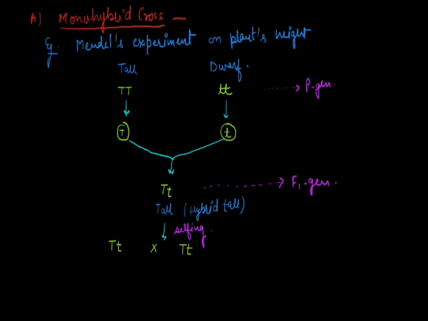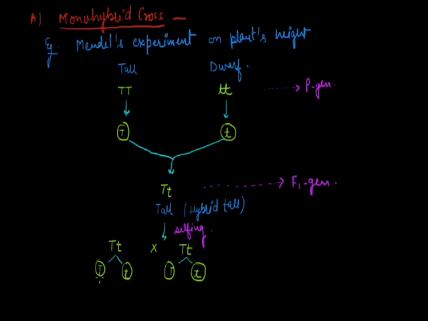First, as I told you earlier, the first step is gametogenesis, in which these two factors separate out from each other. So you will obtain two kinds of gametes. These are capital T and small t. Now suppose this one is a male parent.